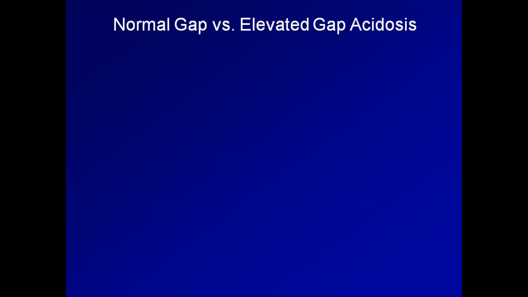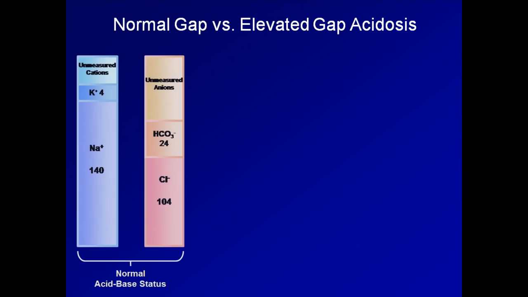Let's see a graphical representation of the electrolyte differences in normal gap and elevated gap metabolic acidoses. First, here is our normal acid-base status, with some normal values of commonly measured cations and anions. This demonstrates a normal anion gap of 12, which is 140 minus 24 minus 104.